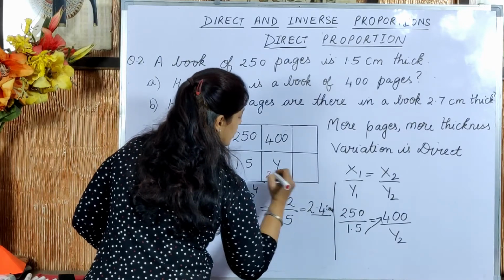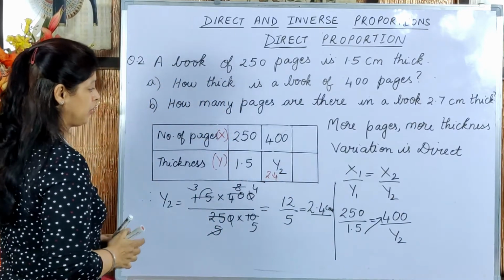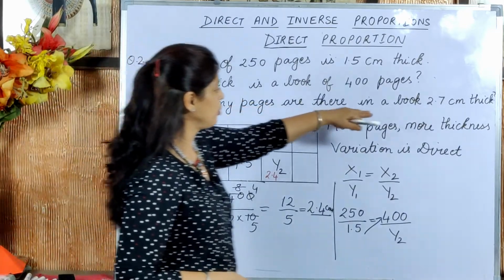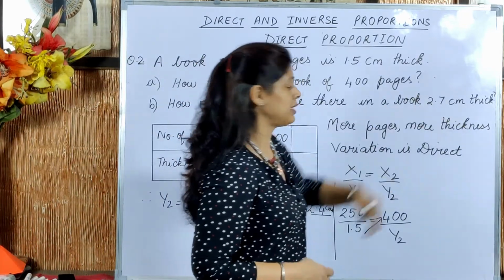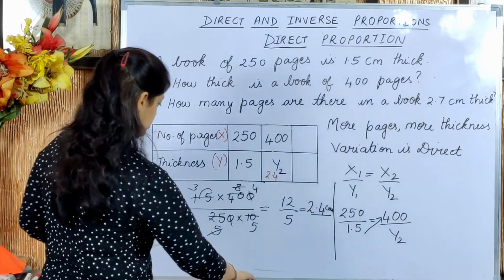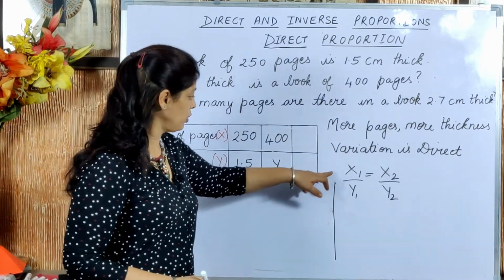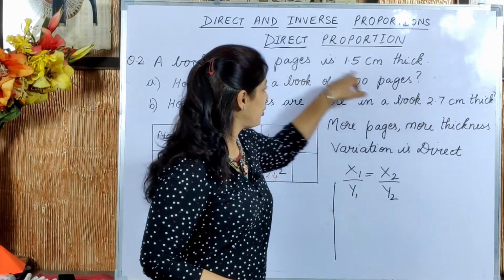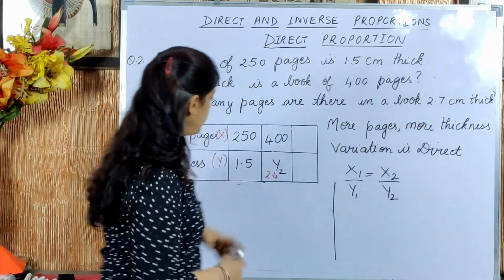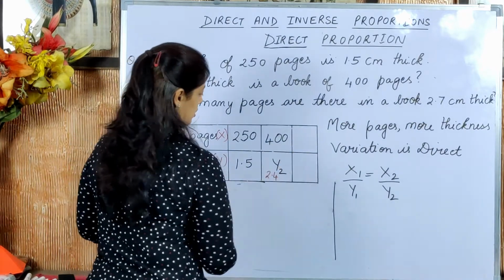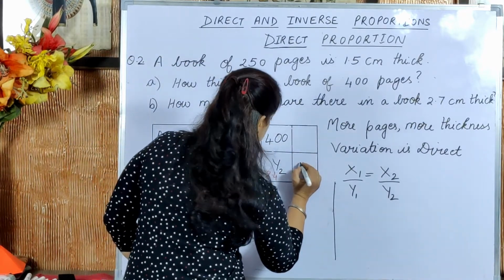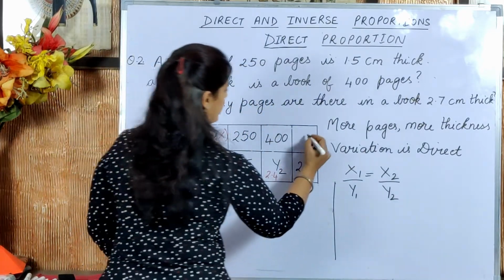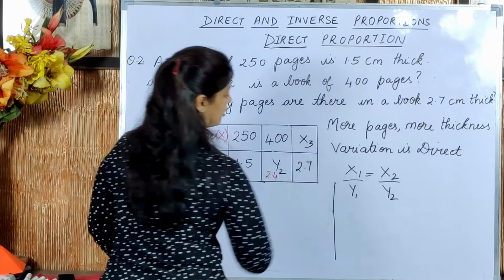This value I've got as 2.4. Now the second part I have to do. How many pages are there in a book 2.7 centimeters thick? So again we know that the thickness has increased from 1.5 to 2.7. Now the value of y is given as 2.7 centimeters thick. You have to find the value of x3.